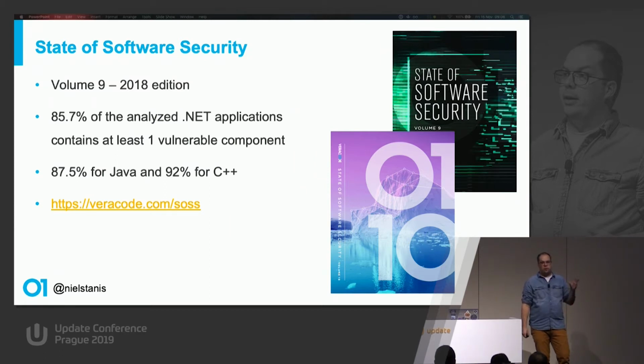To put it in perspective, our service is a SaaS-based offering, so you push your application to us, we scan it, and it's 2,500 customers. 86% of the .NET apps we see for the first time have at least one vulnerable component, so there might be more. Java has a bit more, almost 88%, and C++ is even worse. That's by default, once we see an application for the first time.